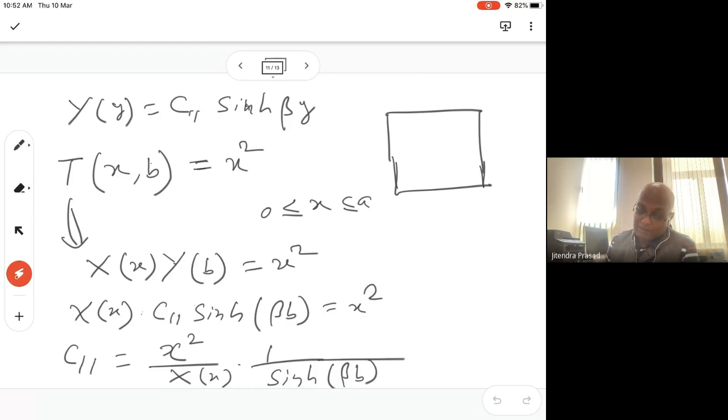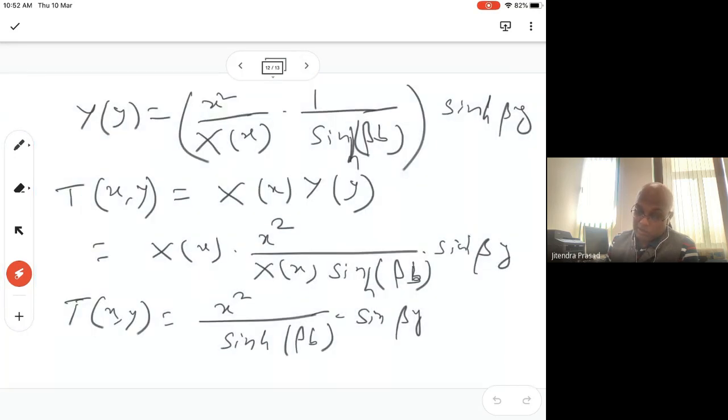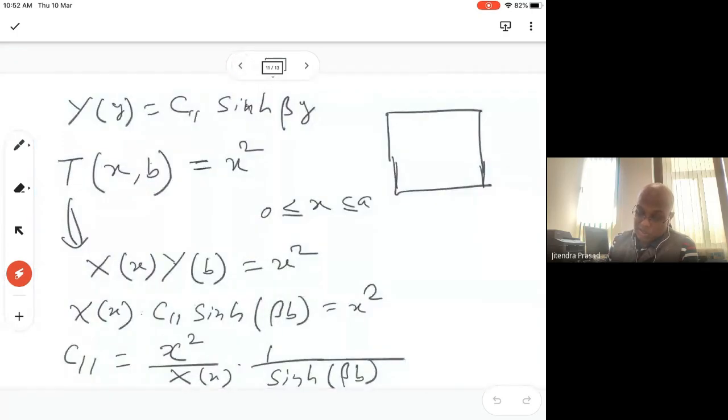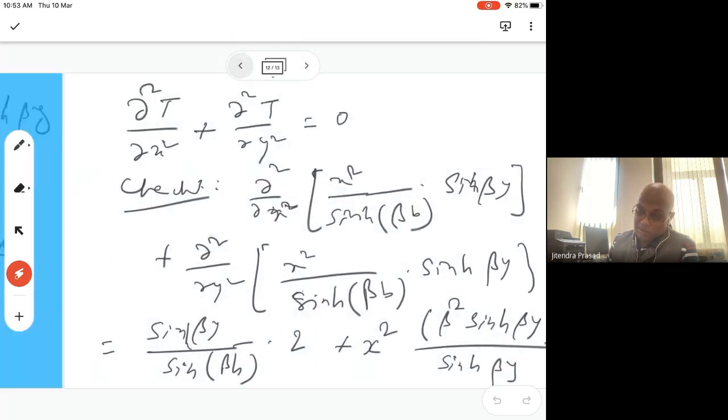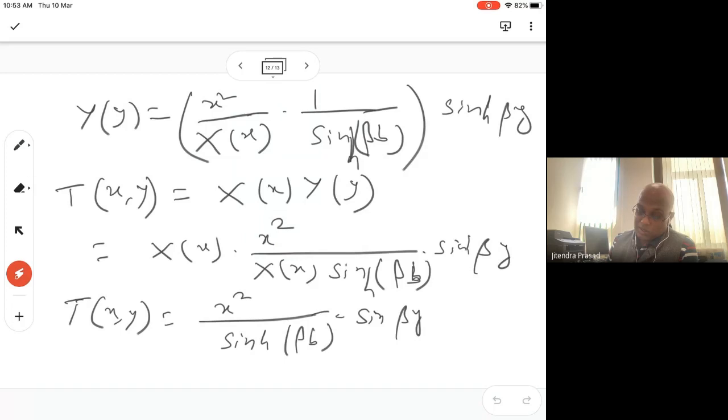This also has to vanish, right? So x square terms, sine beta is correct. So x square above x is plus y equal to this. So x, 0 automatically.